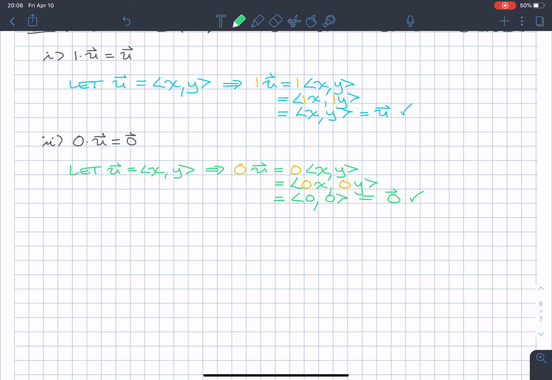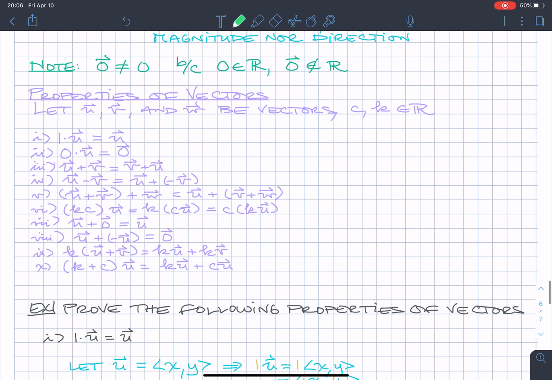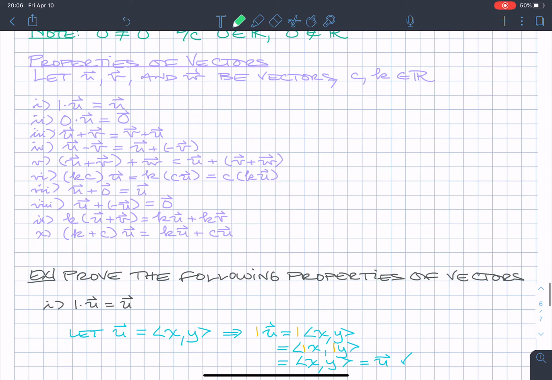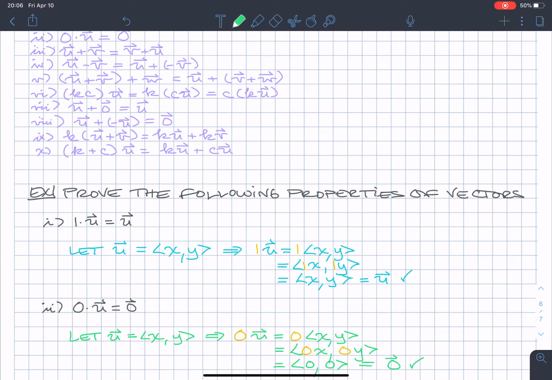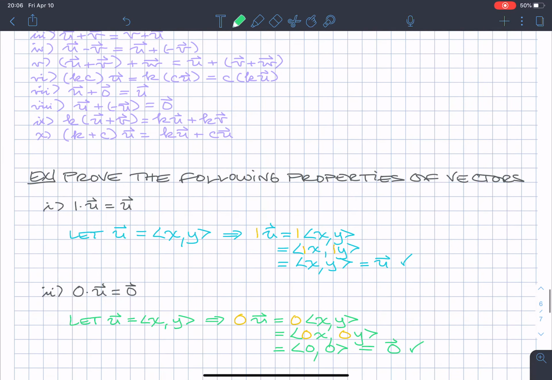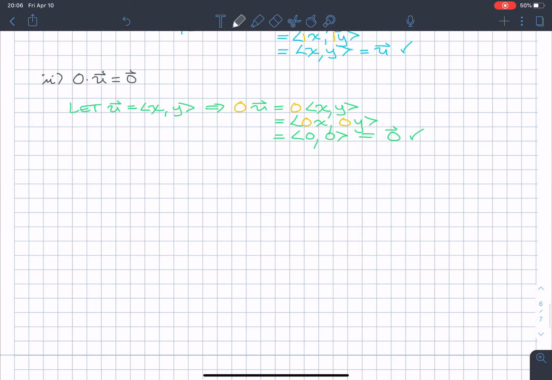Okay, so what else should I do? I could do number 7. Number 7 is good. So u plus a 0 vector is u. I'll call this number 3. So let's do u plus a 0 vector is vector u.